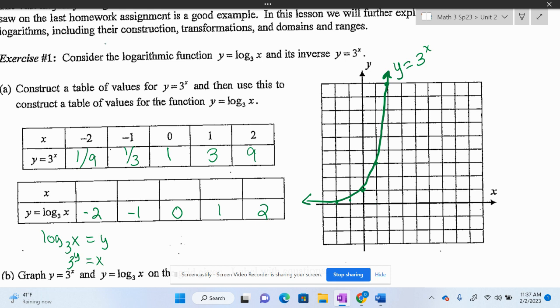So 3 to the -2 power is 1/9. 3 to the -1 power is 1/3. 3 to the 0 power is 1. 3 to the first power is 3, and 3 squared is 9.